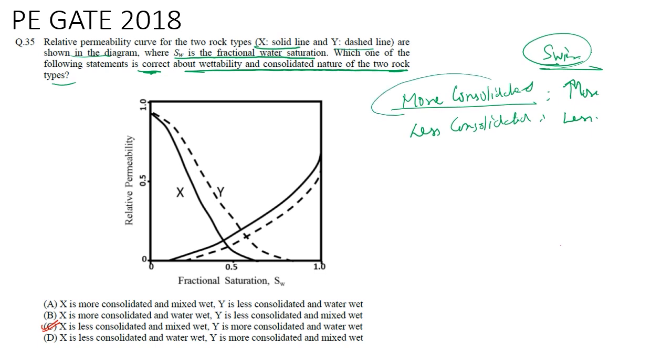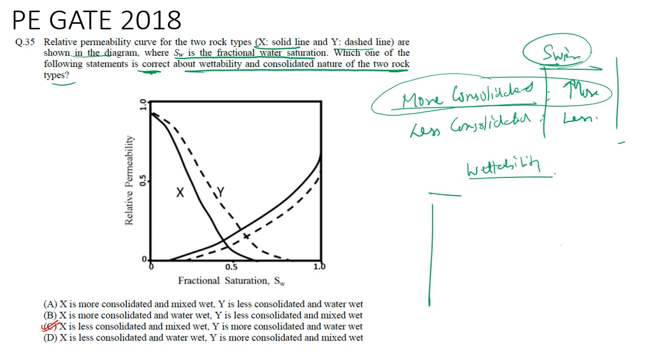Because when I am talking about a more consolidated rock, that means it will have smaller pore spaces, and when I have smaller pore spaces, this indicates that my connate water saturation or the irreducible water saturation will be more. Coming to the second case, that is the wettability case.